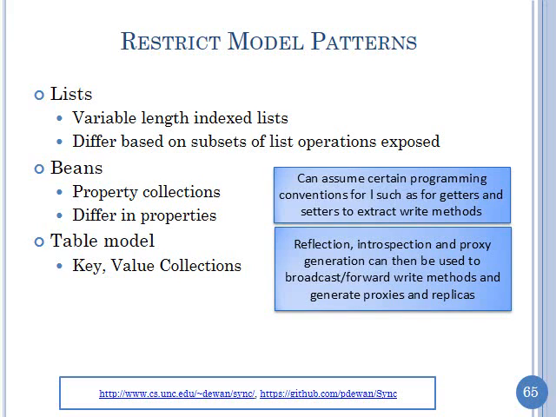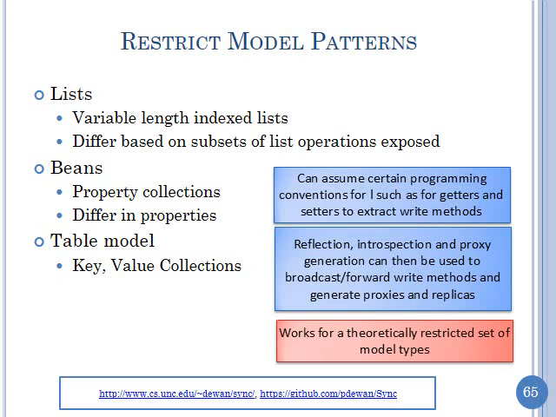And there's all kinds of facilities in programming languages, in particular in Java, that allows us to go and extract these patterns out, to go and figure out if a class follows these patterns, to find methods that follow certain patterns, to go and use that extracted information to actually invoke those methods. So there's a lot of interesting stuff going there that we can use. Okay? But it works for at least a theoretically restricted set of model types.